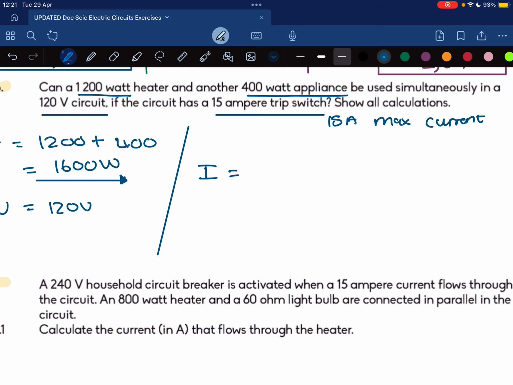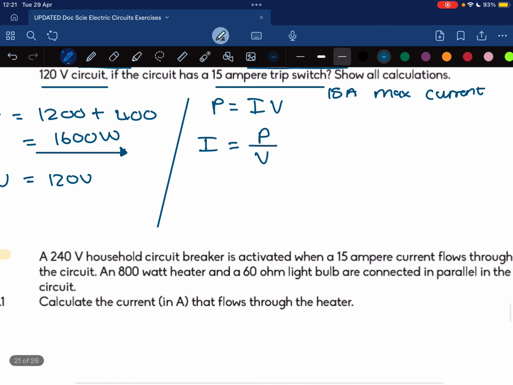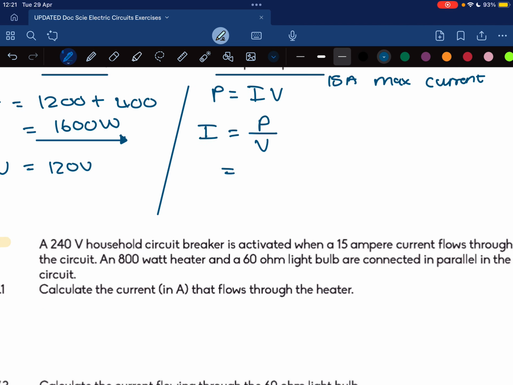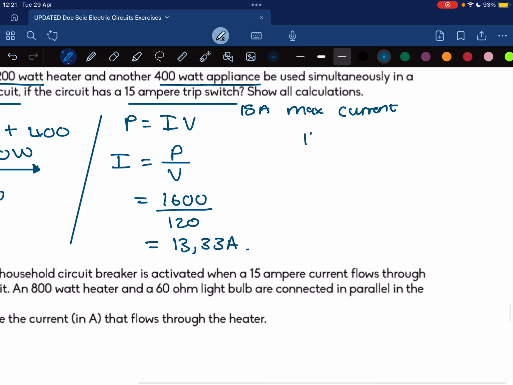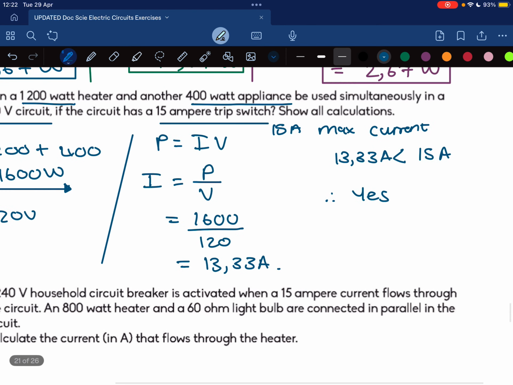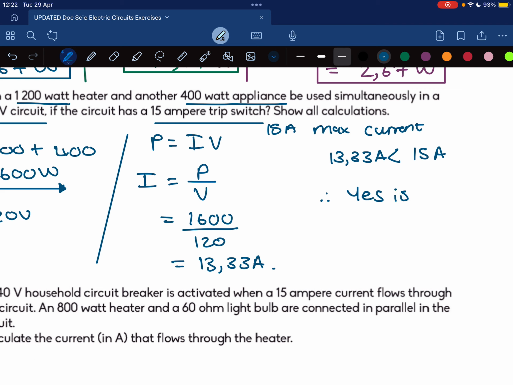If current is equal to P over V, because I used P is equal to IV, then the current is the total power over the total voltage, which is going to be 13.33 amps. Now I see 13.33 is less than the 15 amps. Therefore, the answer would be yes. It can run simultaneously.